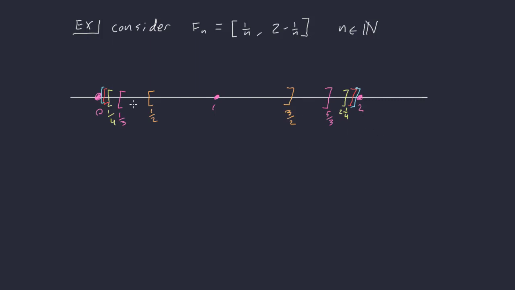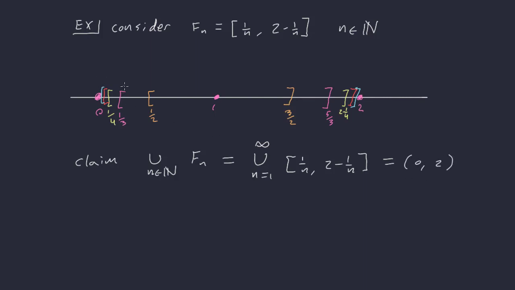So when we union these all together, my claim is that the union over all the naturals of Fn, in other words, the union as n goes from 1 to infinity of the closed interval 1 over n to 2 minus 1 over n, is actually going to be the open set (0, 2).